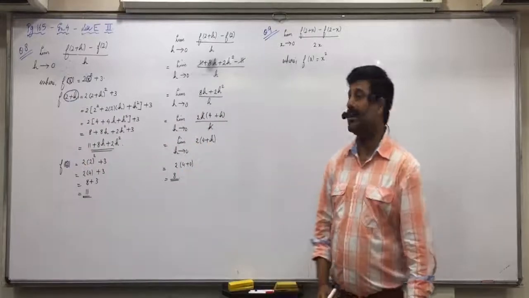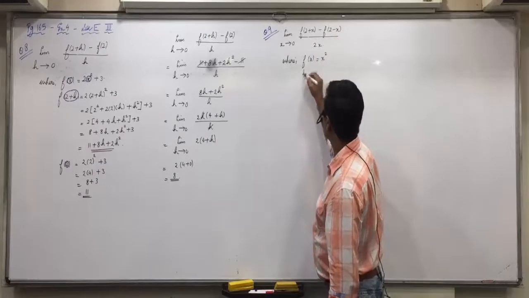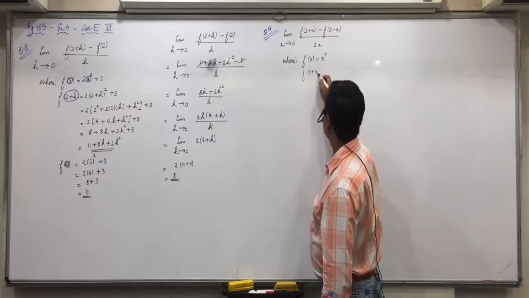Now, first of all, f(x) equals x square, so we need f(2 plus x) and f(2 minus x). Make f(2 plus x).